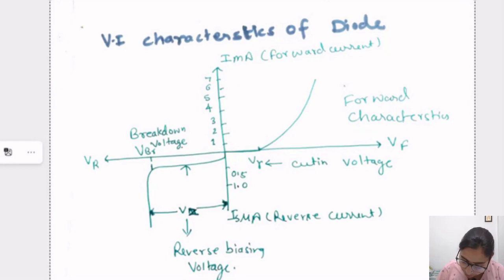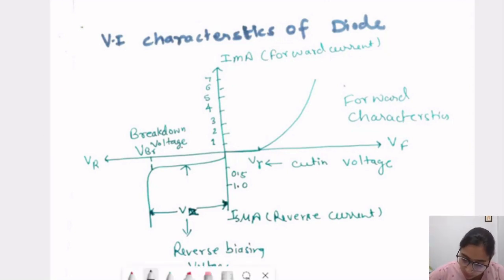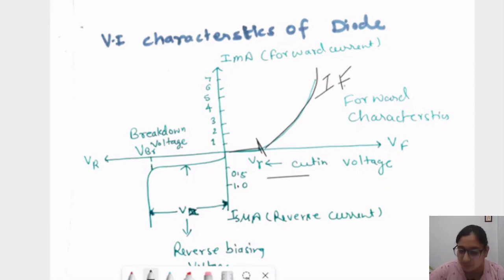See here what is happening. Till it attains a knee voltage, which is also considered as cut-in voltage, the current is negligible or zero. But after that, the current is increasing exponentially. So this is our forward current, and this is our forward voltage here, and this is the forward current in milliampere.